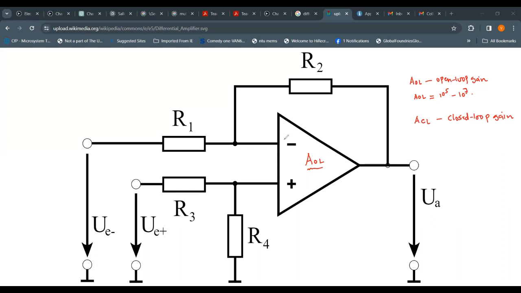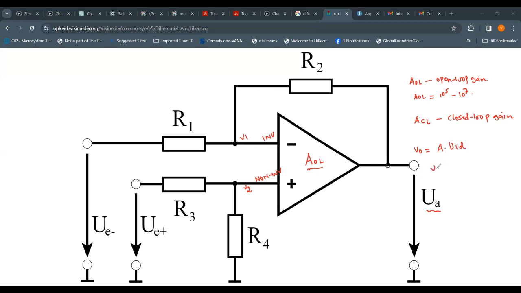So what you see, it has two inputs, inverting and non-inverting. Let's call them V1 and V2. The operation of the circuit, that is UA, or we also call it the output, will be given as gain times VID.